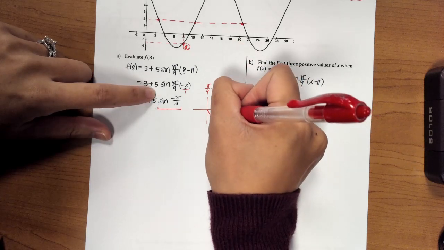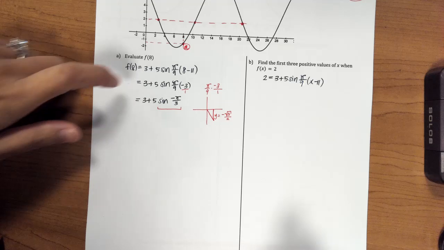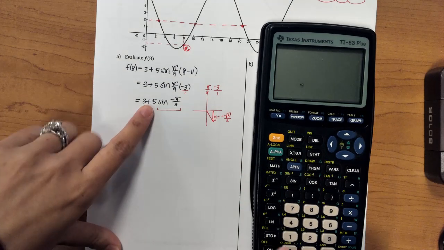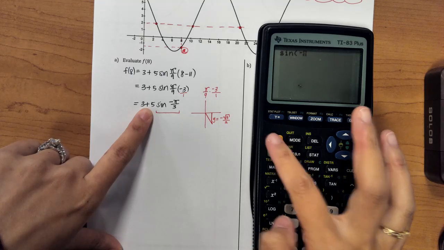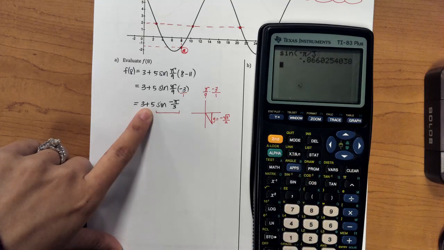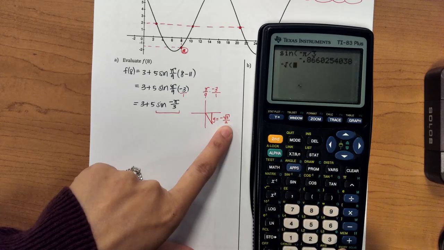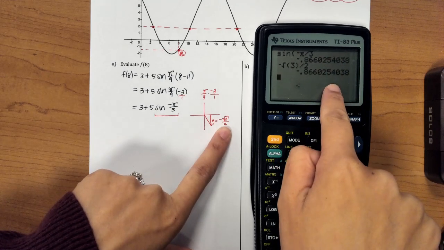So this is negative root 3 over 2. And I can check that too if I wanted to. Ready? So sine of negative pi divided by 3. And let's check if negative root 3 divided by 2 is the same thing. You guys okay with that?